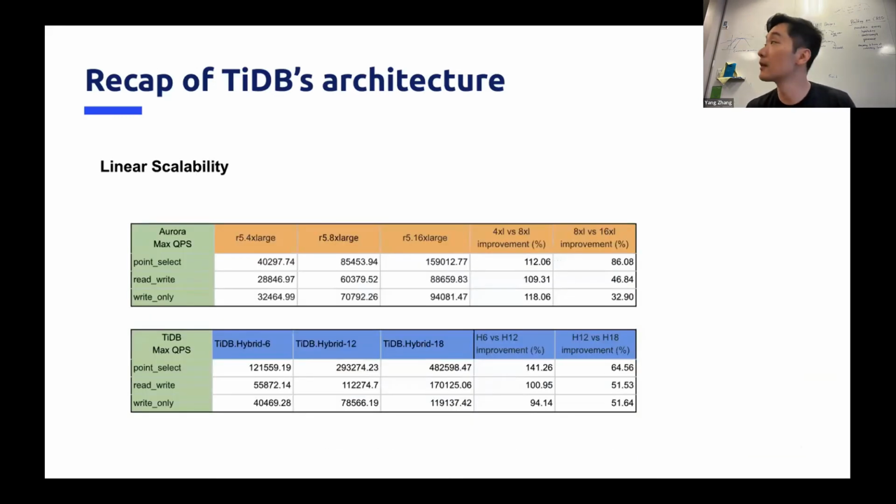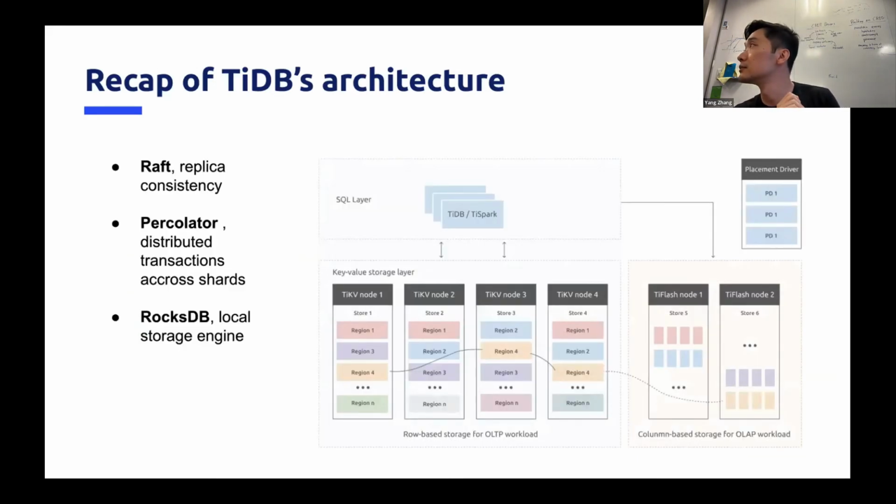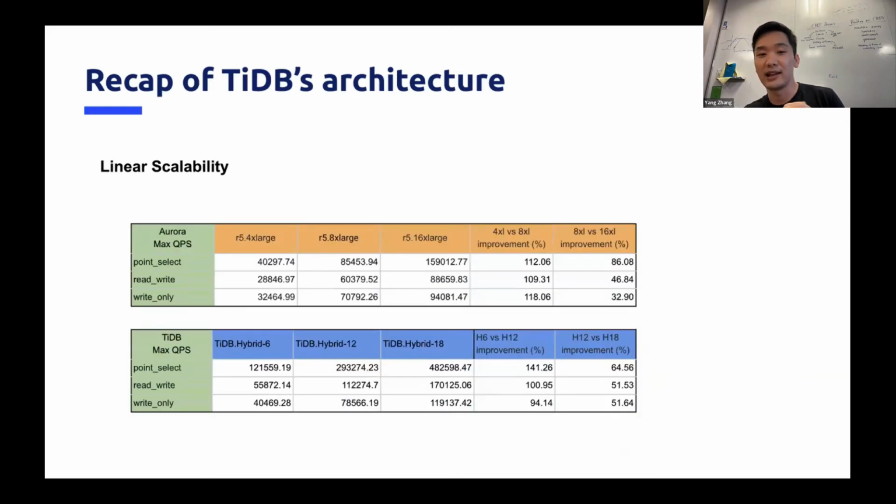Yeah, one question. It seems that this has impacted your application developers. You shard your database. Yeah, that's what I'm going to talk about in the following sections. Basically, what this architecture or sharding strategy gives you is linear scalability.